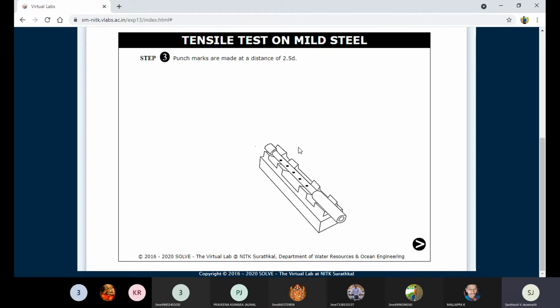These marks are useful afterwards, because permanent deformation takes place in the material and we need to find out the final dimensions. That's the reason this mark is very important. See how he is doing the marking. I hope you understand.